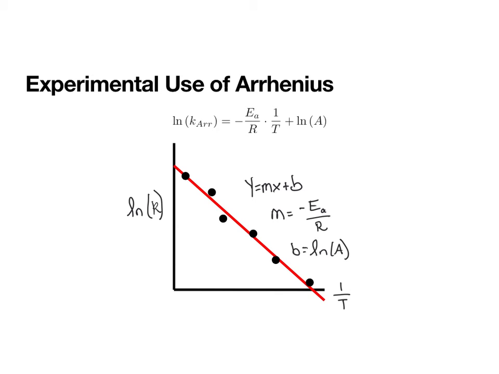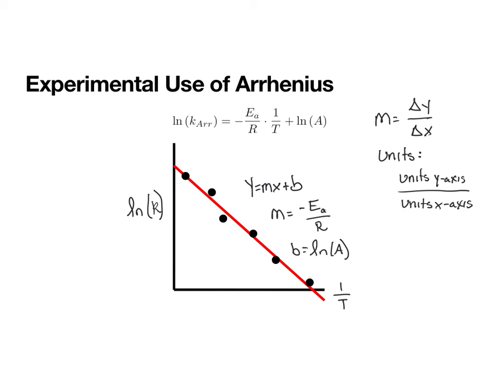Now, when we work with this linearized data, we have to remember that our slope and our intercept have units. Our slope is defined as the change in y over the change in x. And so that means that the units of slope are going to be the units of my y-axis divided by the units of my x-axis.